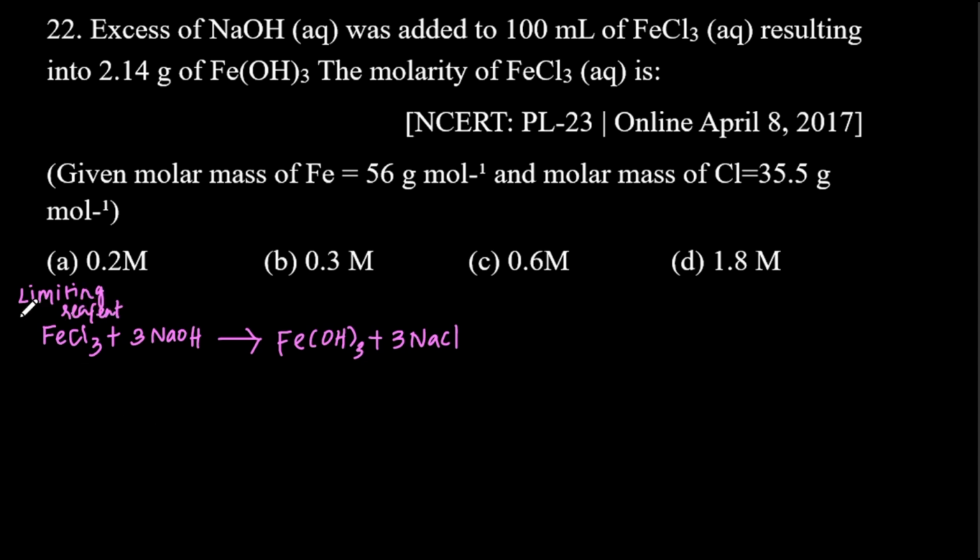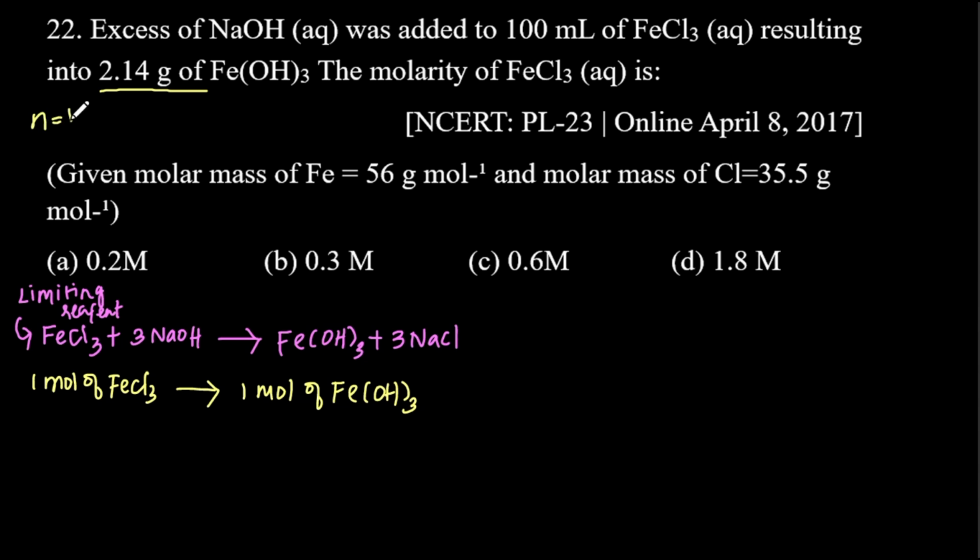The limiting reagent only controls the amount of product formed. From the equation, it is clear that 1 mole of FeCl3 gives 1 mole of Fe(OH)3. Now in this question, 2.14 gram of Fe(OH)3 is present, so from this we can find the number of moles of Fe(OH)3.